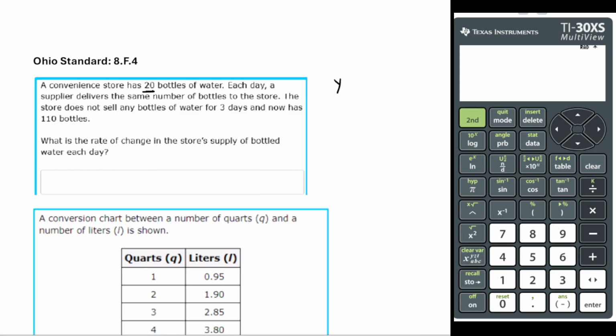So, we're going to set this up as a linear equation. Y equals mx plus b, where m is our slope or our rate of change, and b is our y-intercept or starting value. Okay? We're starting with 20.